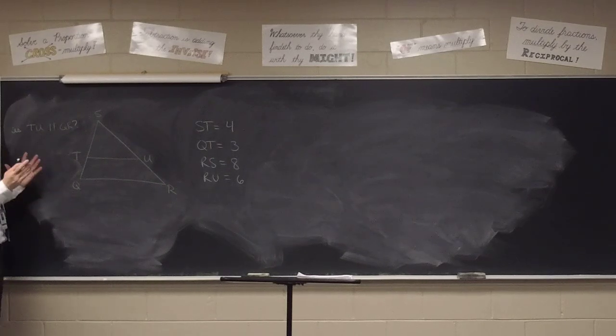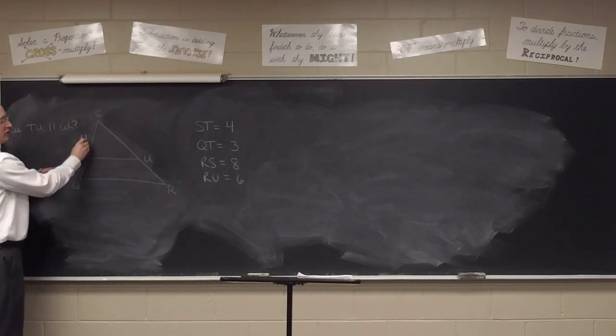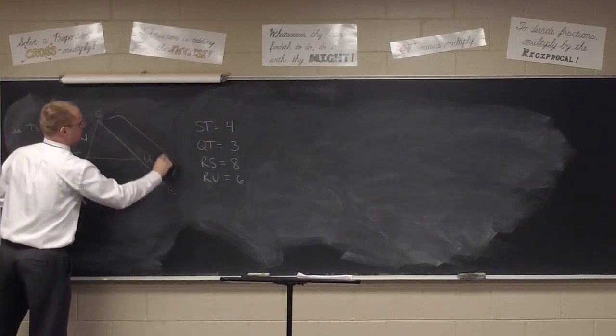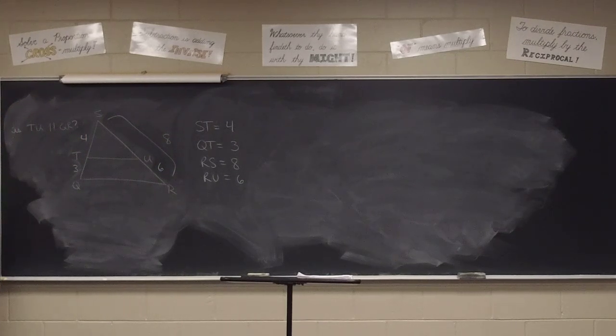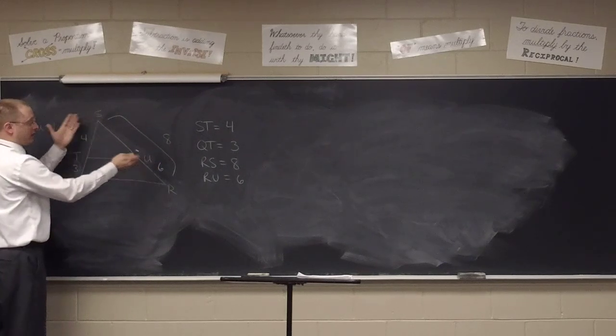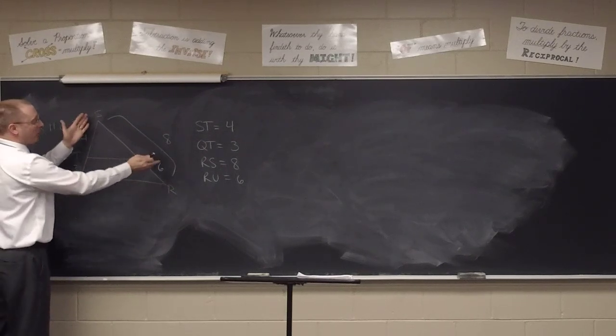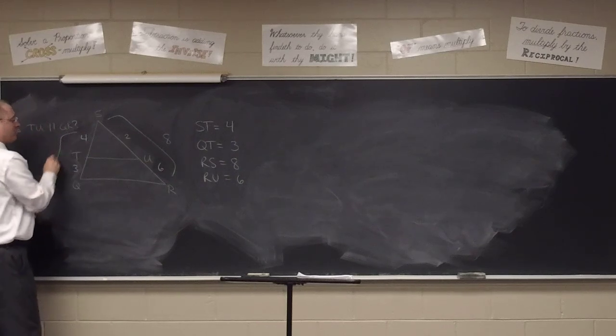All right, first thing you've got to do, label on the picture. Here's 4, here's 3, here's 8, here's 6. I can't make a proportion out of those numbers. I've got a bottom and top on one side, I've got a whole and bottom on the other. I need to find the whole over here, which is 7, or the top over here, which is 2. It's really your choice.